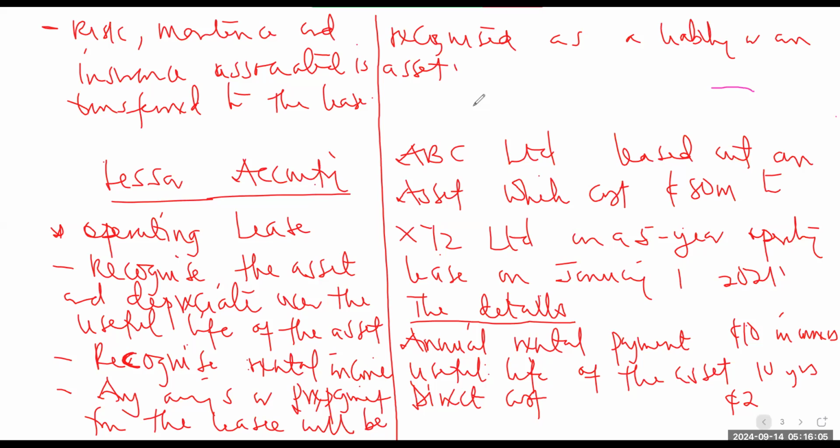So here is the case: is the direct cost going to be amortized over the entire useful life of the asset, or over the lease period? Which of them?